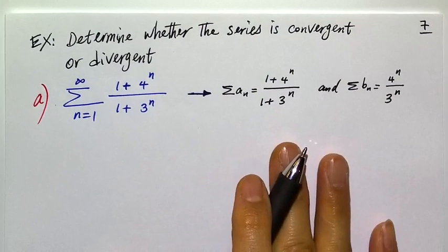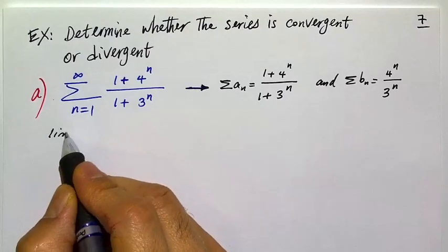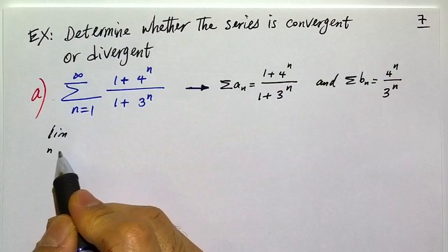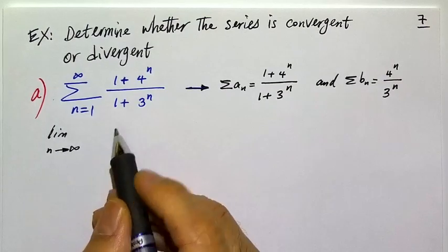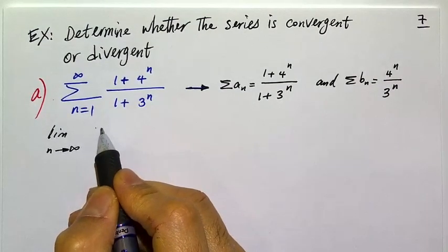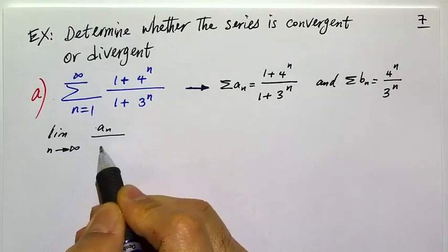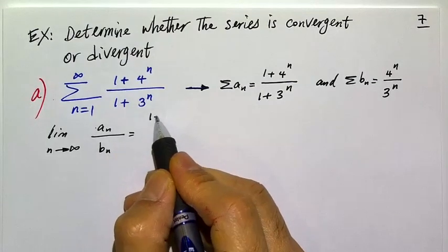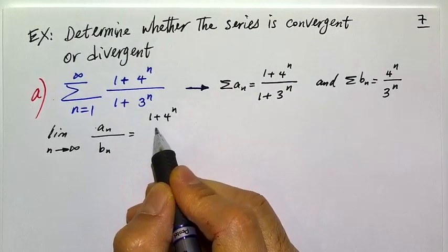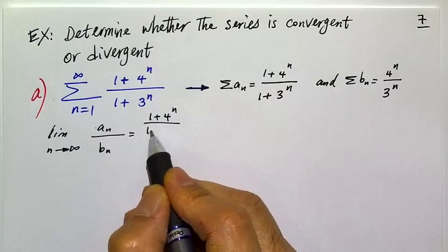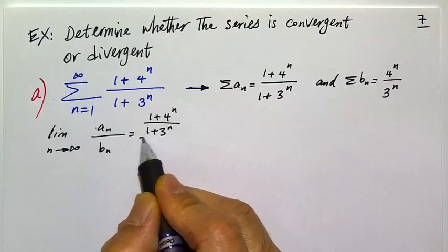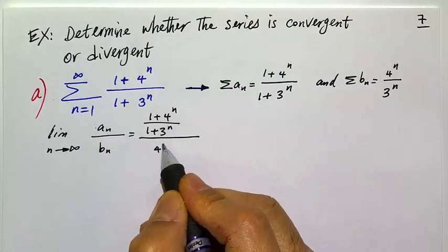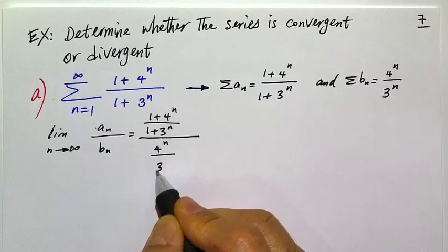So let's do that. We have the limit as n goes to infinity of a_n over b_n. And so we have 1 plus 4 to the n power divided by 1 plus 3 to the n power, divided by 4 to the n power divided by 3 to the n power.